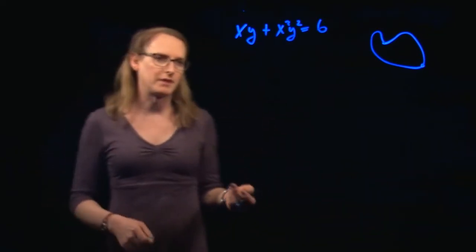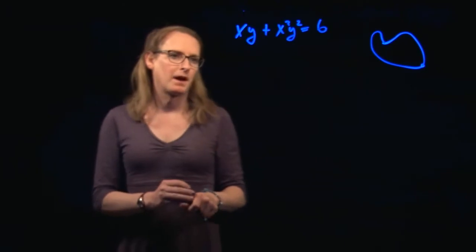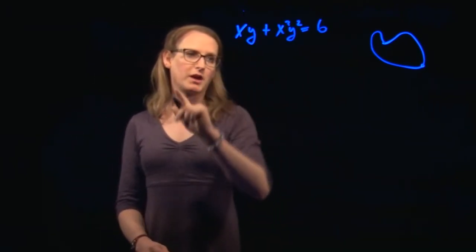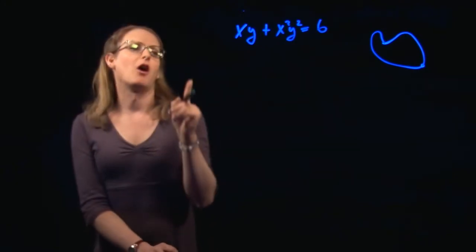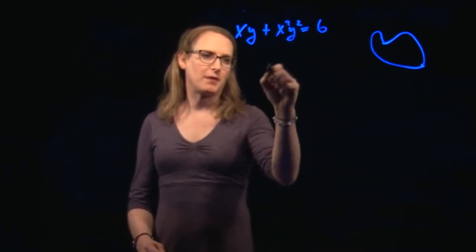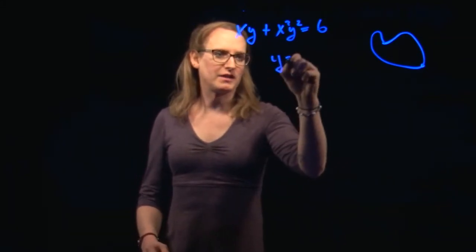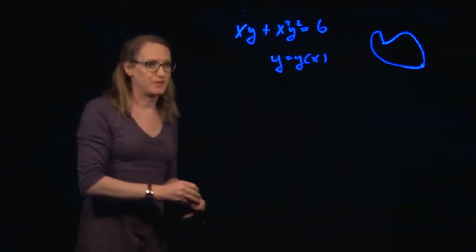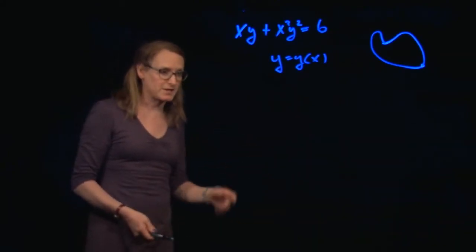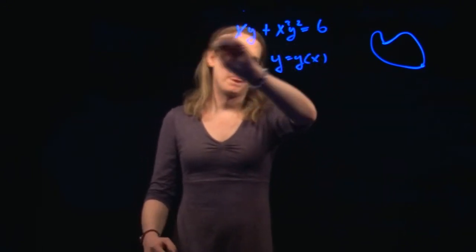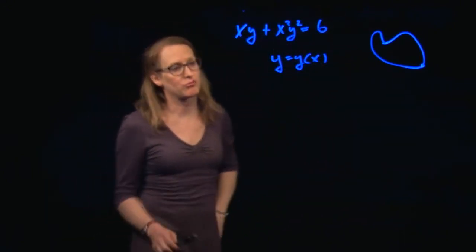Then, a really important note: we're going to pay attention to which symbols are actually functions of the other things. So y is a function of x, because if we fix x, then we get some y's. So y is dependent on x, and this is going to be key to taking the derivative of this thing correctly.